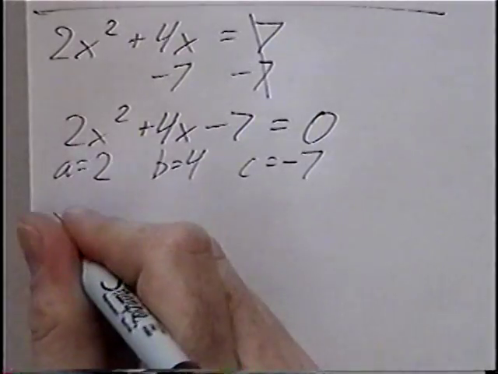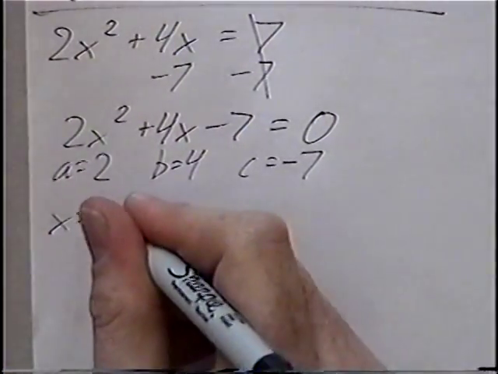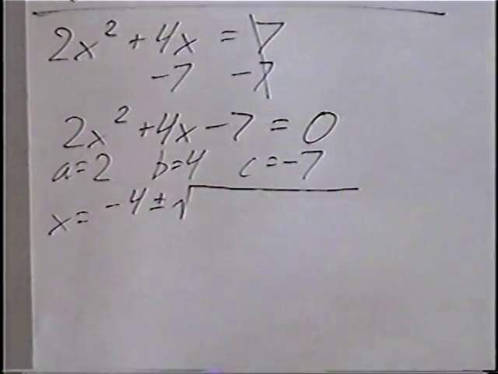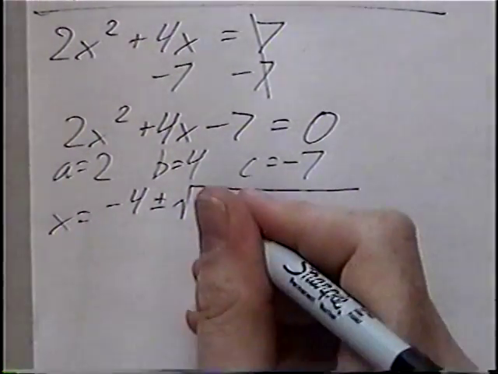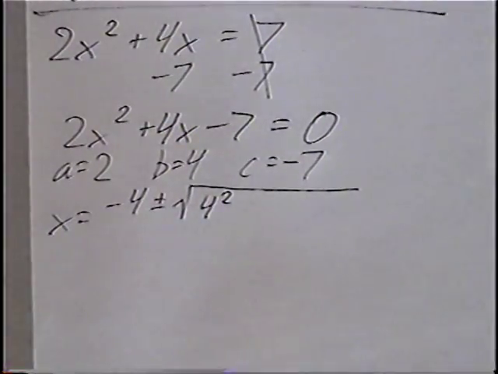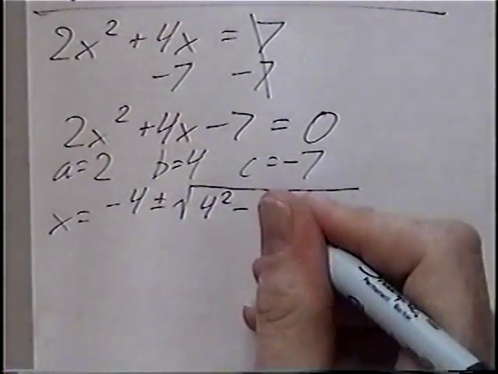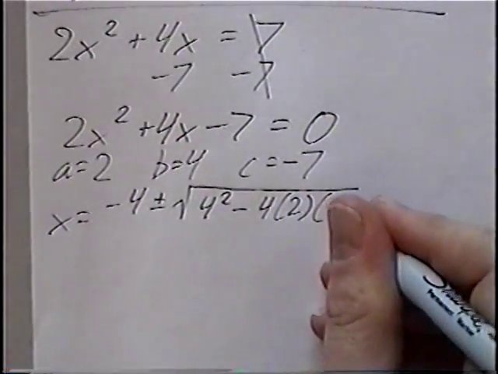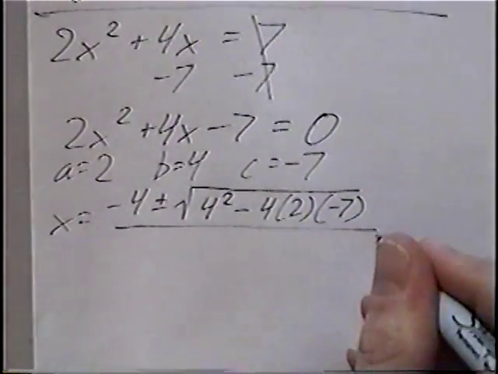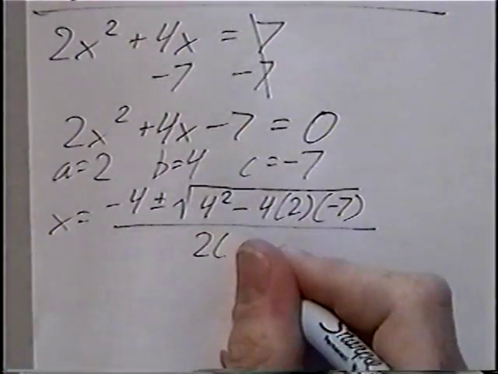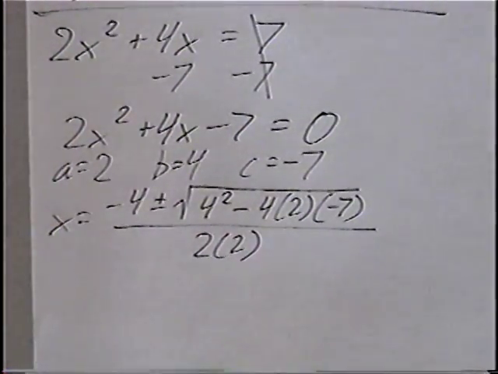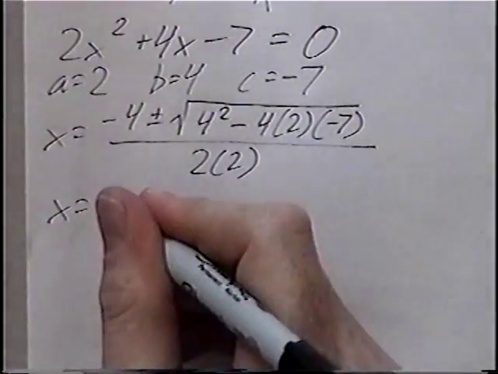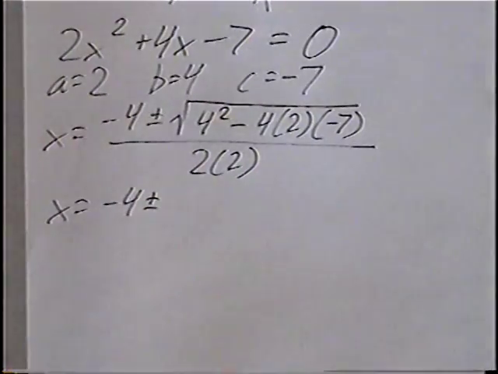Plugging the numbers into the equation, we'll have x equals negative b, which would be negative 4, plus or minus the square root of b squared, which is 4 squared, minus 4 times a times c, divided by 2 times a, which would be 2 times 2. X equals negative 4 would stay the same.